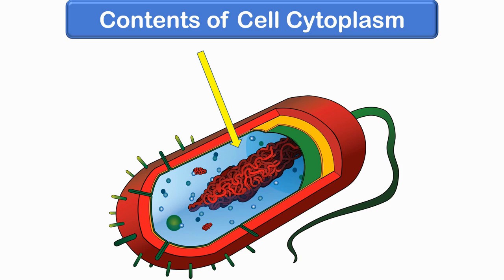These components are the building blocks for energy and synthetic activities. Cytoplasm also contains discrete bodies like chromatin, ribosomes, granules, plasmids, and actin or tubular strands that form the cytoskeleton of the bacteria.